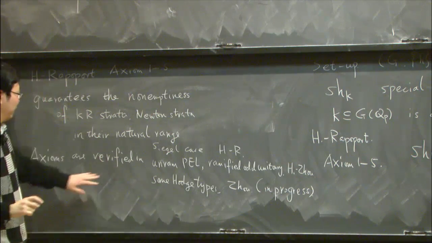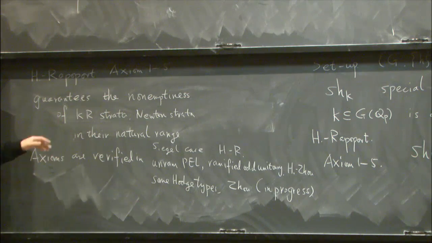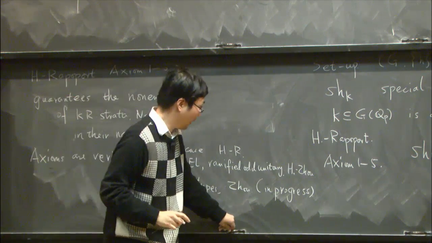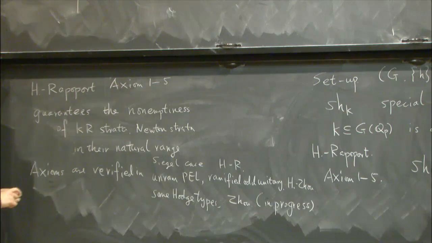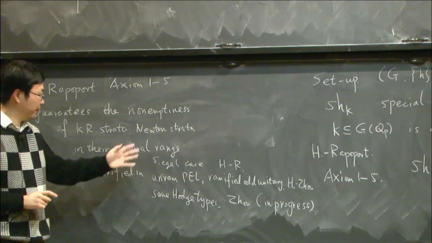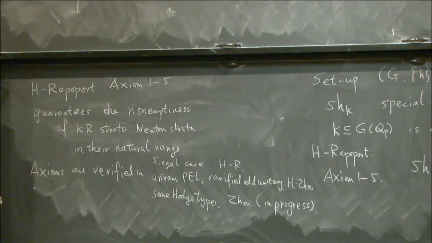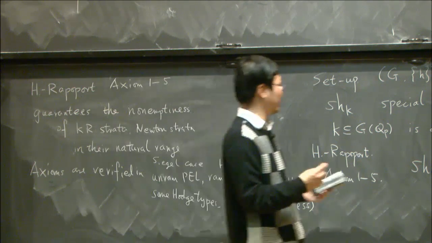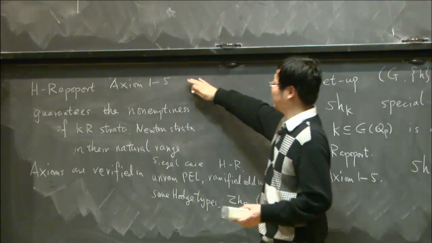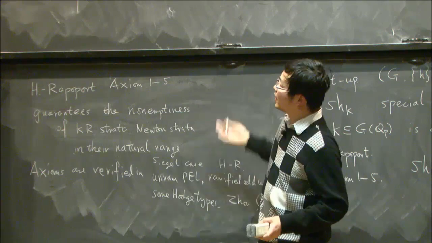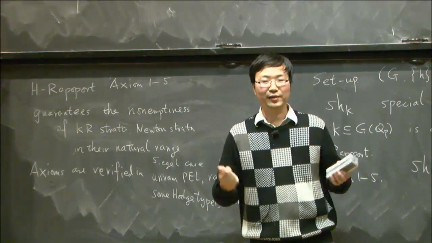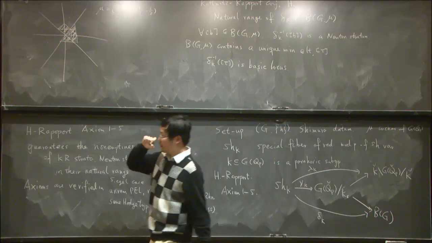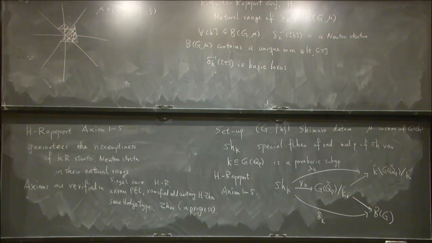So now we actually know at least these axioms hold in many of the interesting cases. From now on, we're going to assume that we have these axioms so that we don't have to worry about the non-emptiness. And then we're going to come back to this question.